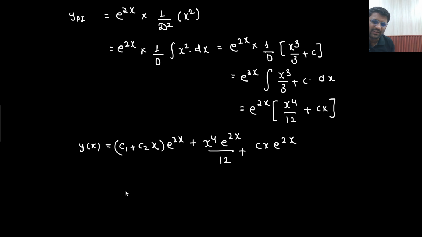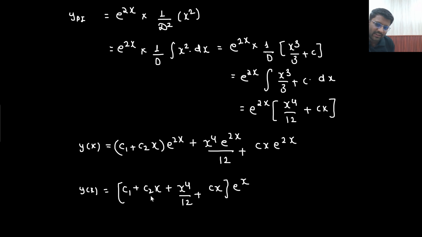Now you can say that, sir, e to the power 2x can come out common. So y of x is coming out to be c1 plus c2x plus x to the power 4 by 12 plus cx, times e to the power 2x. And if you look closely, it is constant multiplied with x, constant multiplied with x.